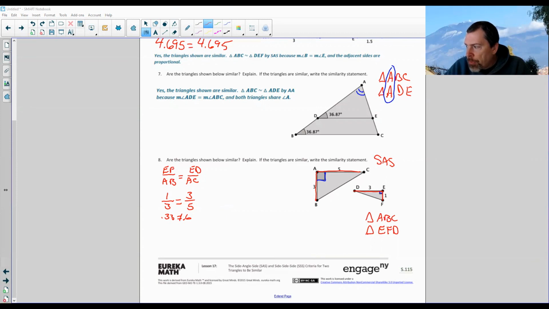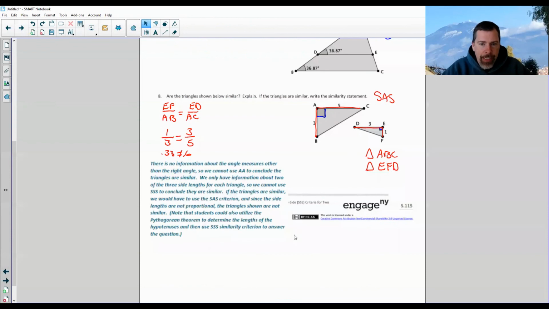So I'm going to bring in this very lengthy explanation. Okay, here we go. There is no information about the angle measures other than the right angle. So we can't use angle to conclude the triangles are similar. Check. We only have information about 2 of the 3 side lengths for each triangle, so we cannot use SSS.